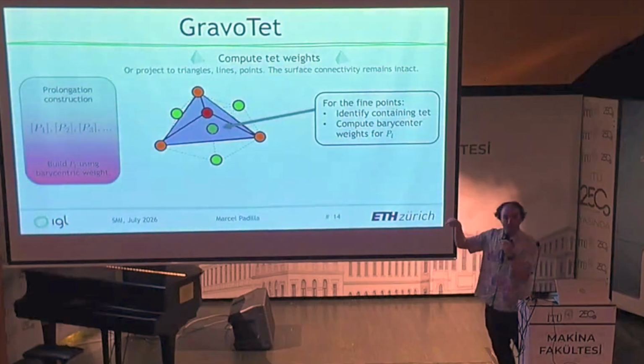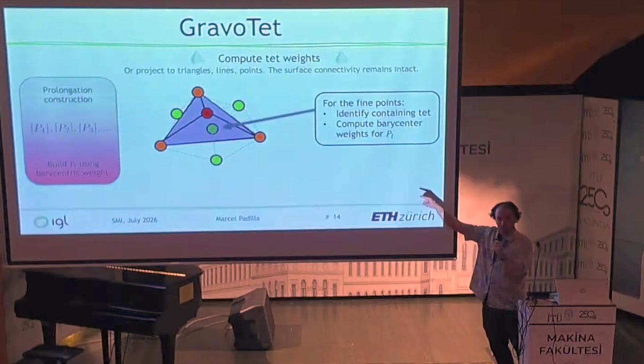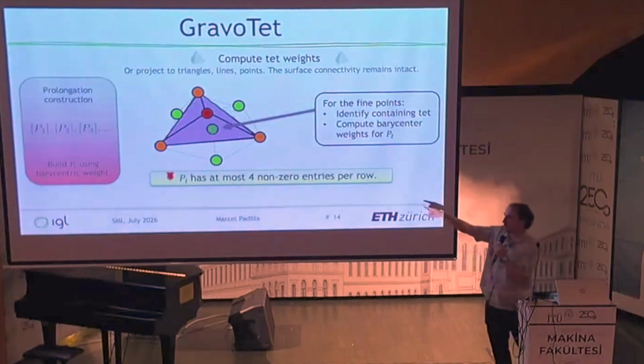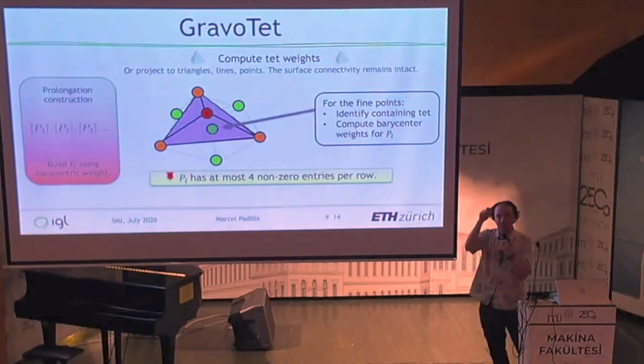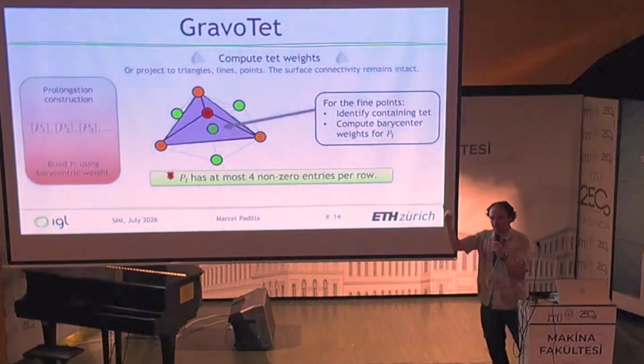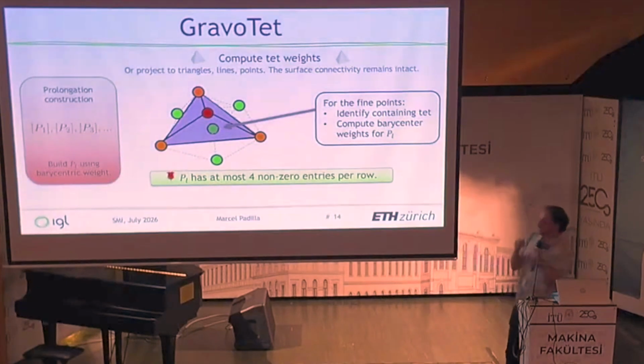And then you take the barycentric coordinates of the green point relative to the tetrahedra that it's inside of. And those will be your prolongation weights. So those are the parameters of interpolation that you then use in your multigrid steps.